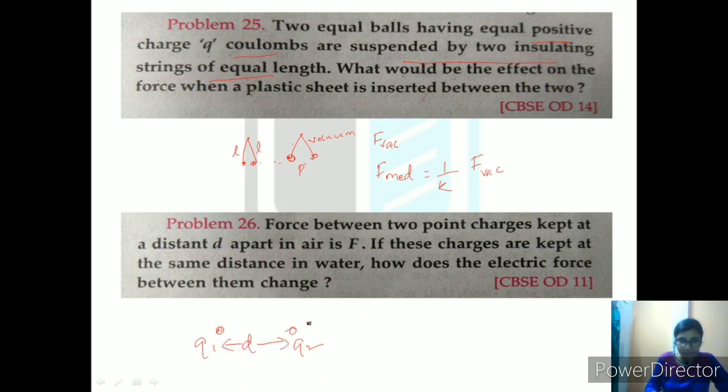Then the force acting between these two is F. Now if these two charges are kept at the same distance in water, how does the electric force between them change? Now the force in water will be 1 by k times the initial force, and for water the dielectric constant is 80. So it will decrease 1 by 80 times the initial value of the force.